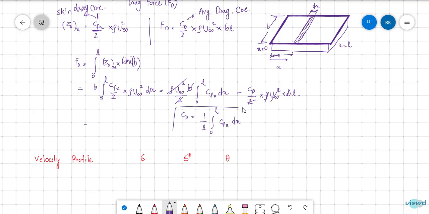So this is the relation between CD and Cfx, average drag coefficient and skin drag coefficient. So that is the relation between them. Now how to find these values? Let us see now.